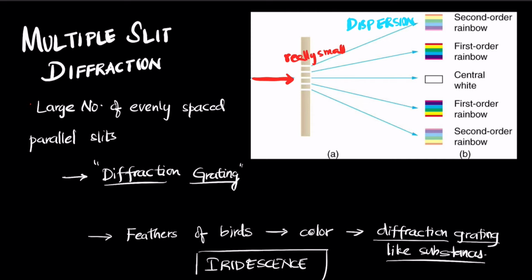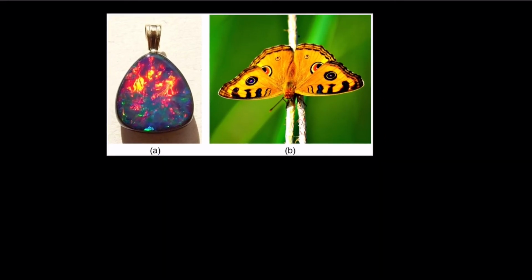This process is called iridescence, and this is one of the reasons for the colors you see on an Australian opal or a butterfly: really small reflectors arranged in rows.